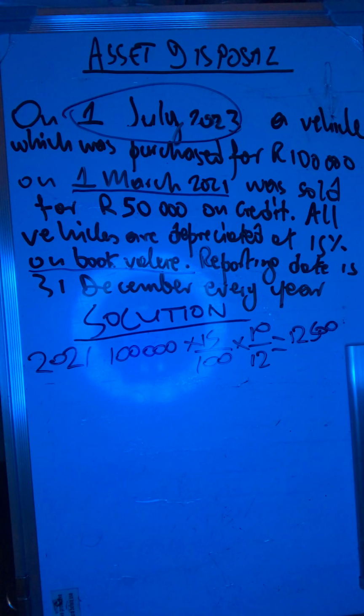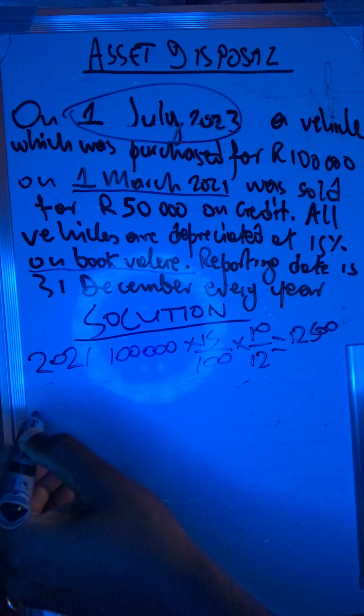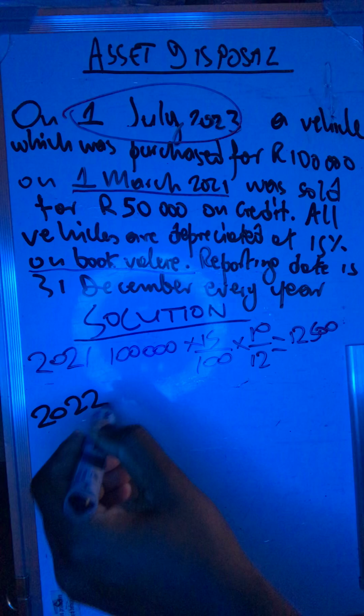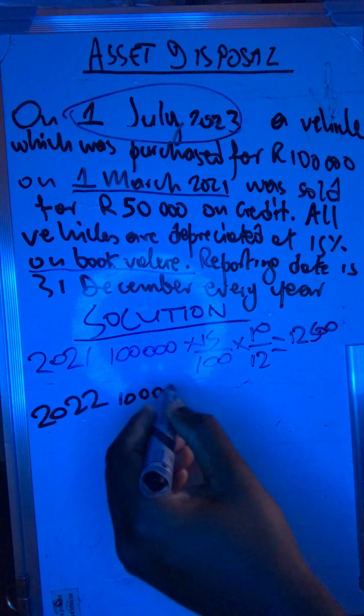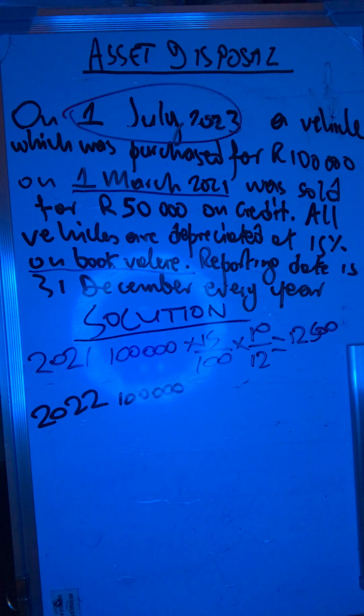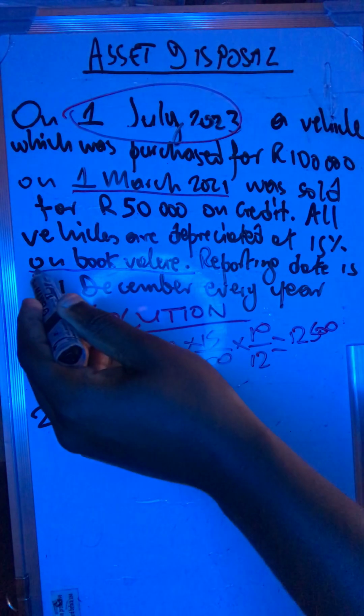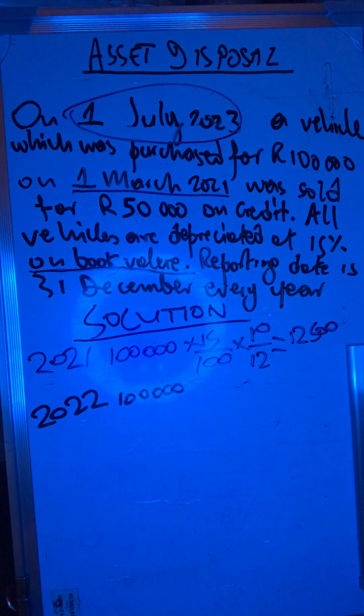Let's go to year 2. Our year 2 is the year 2022. Our cost, of course, is 100,000 rands. But now remember, our depreciation policy is that we depreciate our cars on the book value, also known as the carrying value.